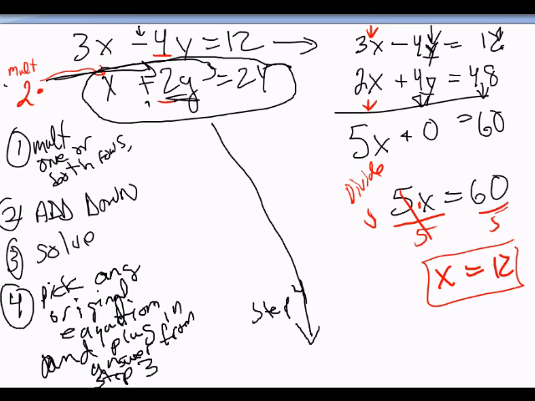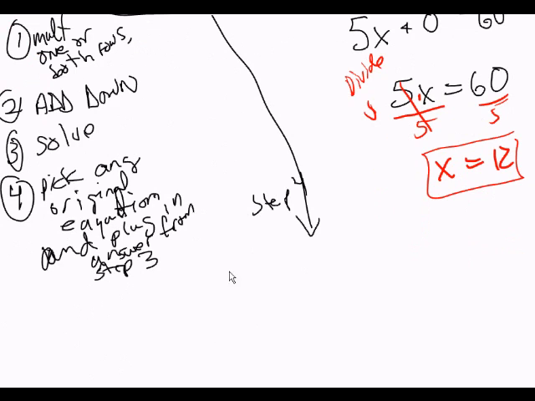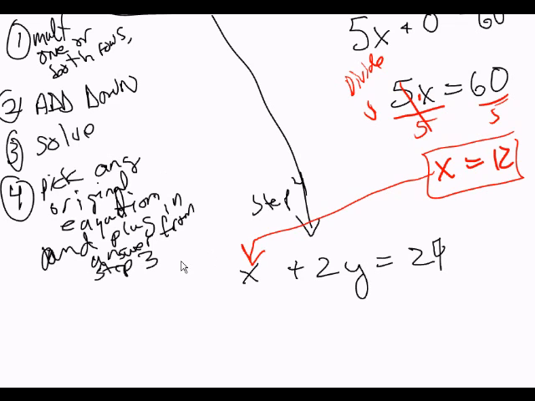I'm just going to pick this one, the second one. It doesn't matter which one you pick. So this is step 4. x plus 2y equals 24. And my x is 12, so I'm going to put a 12 in there. 12 plus 2y equals 24.